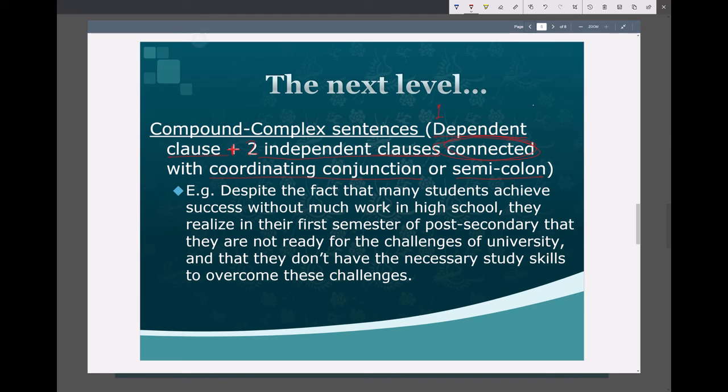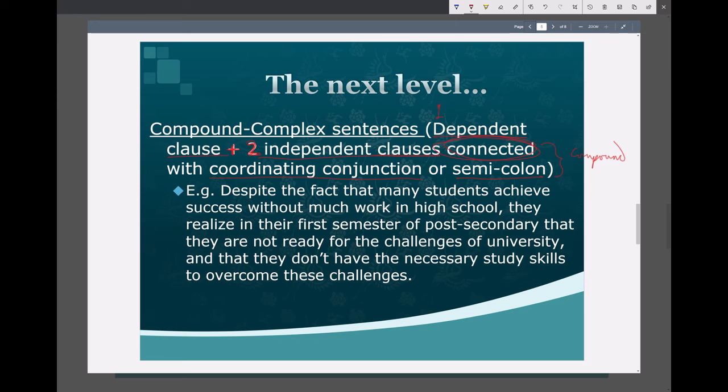So you have two big parts here. The first part is the dependent clause, and then the second part is two coordinating independent clauses connected by a coordinating conjunction and semicolon. In other words, you have a dependent clause and a compound sentence.